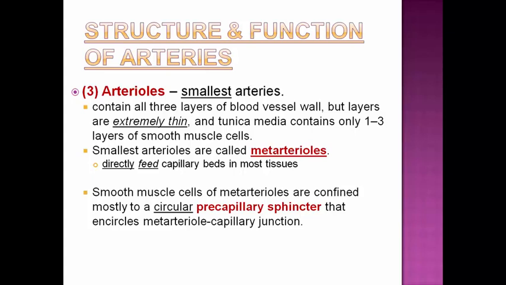If all of the blood was dispersed to every cell and every capillary at one time, your blood pressure would bottom out, and of course you would go into shock and die. So the body is constantly shifting the blood into individual capillaries and making sure that tissues that are very active are well supplied and well perfused with blood.